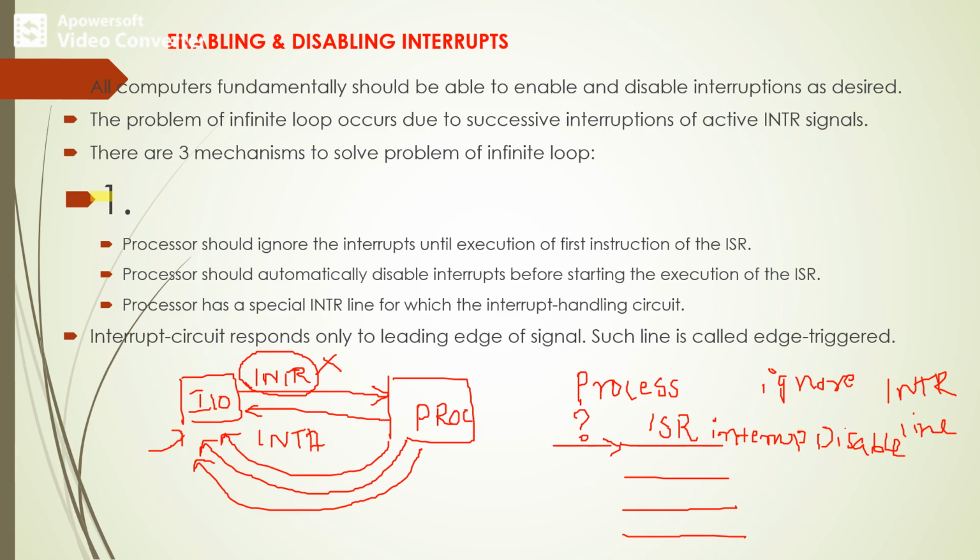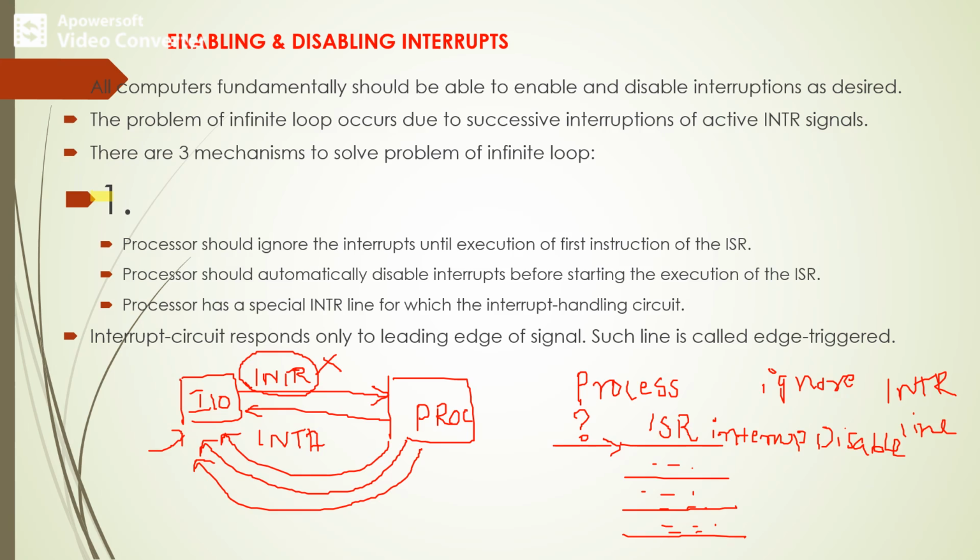So by using the interrupt disable instruction at the beginning of the ISR, the programmer can ensure that no further interrupt may occur with respect to that IO device. So now the actual execution of the program will take place within the ISR.